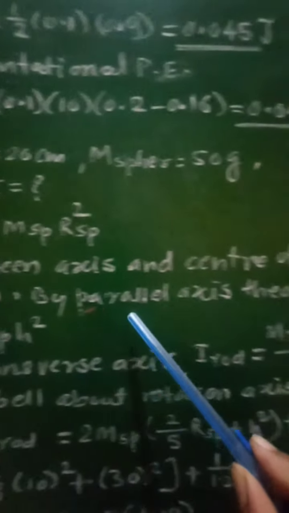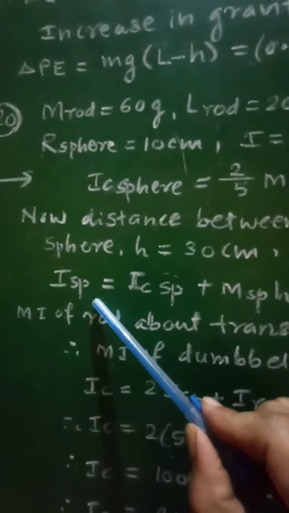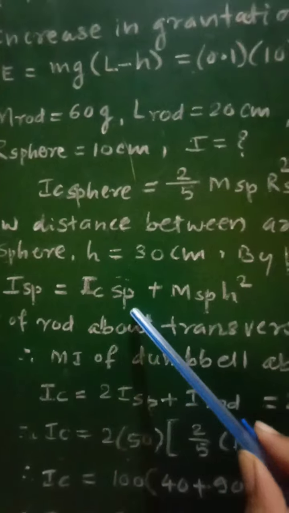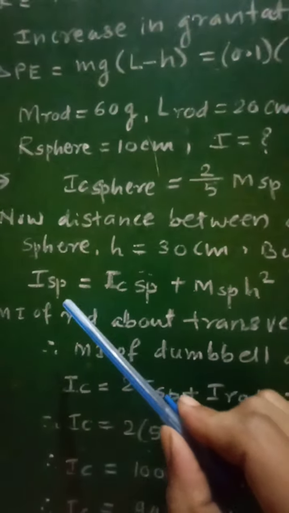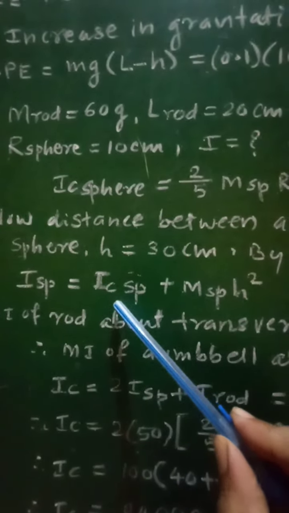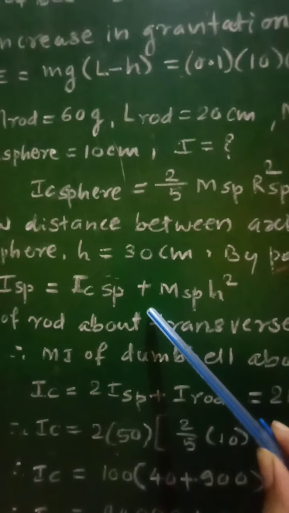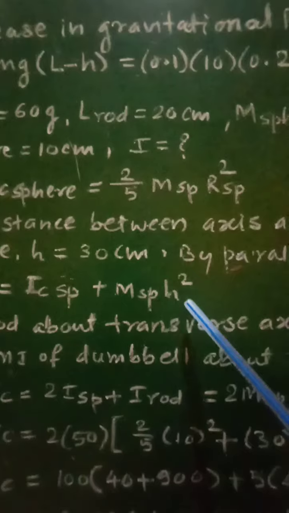So by parallel axis theorem we can write I sphere is equal to IC sphere plus mass of sphere into h square, that is ISP equal to ICSP plus MSP h square.